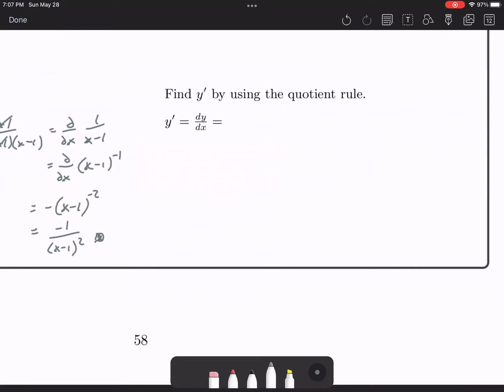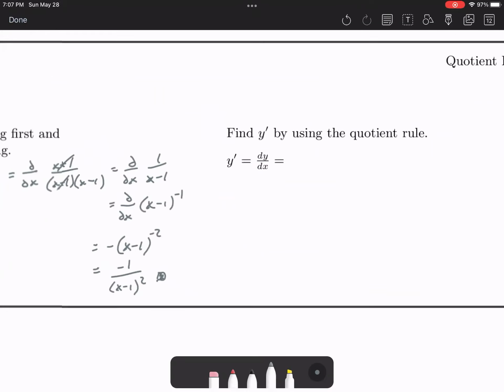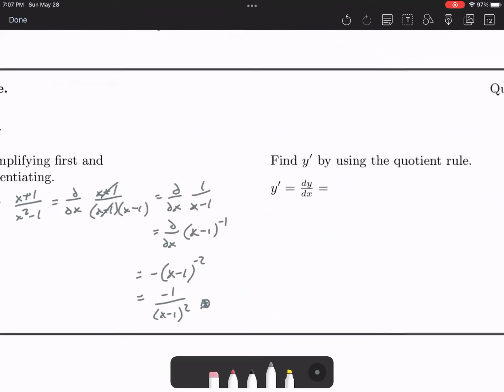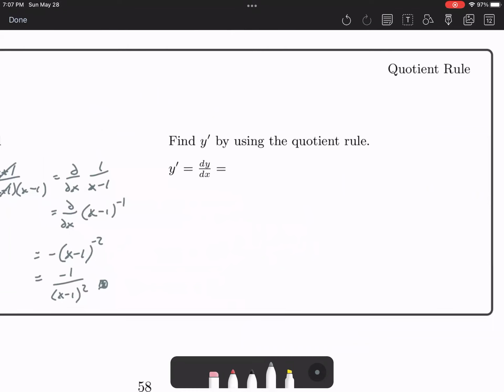Now when we differentiate, we will use the quotient rule, right? When you looked at this and you said, oh, I have a function divided by another function, immediately what comes to mind is I can use the quotient rule. So let's remind ourselves of what the quotient rule says. If you have a function f divided by g and you want to differentiate that quotient, it is low d high minus high d low over low low.